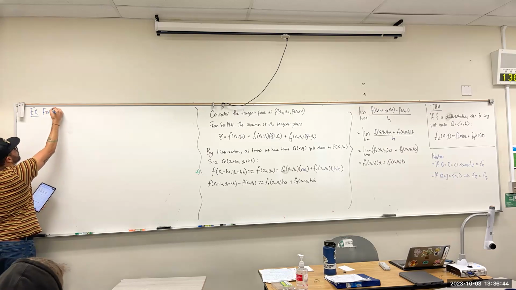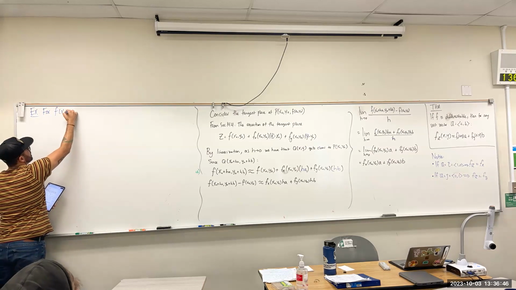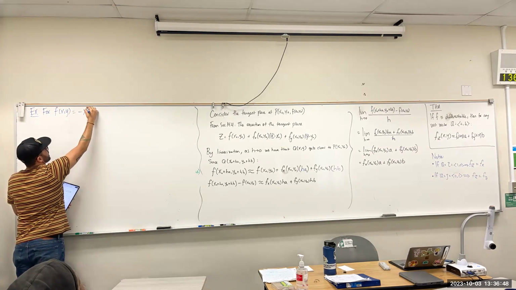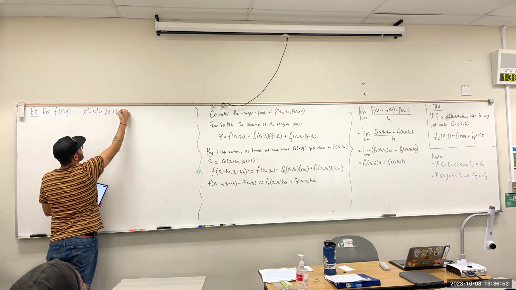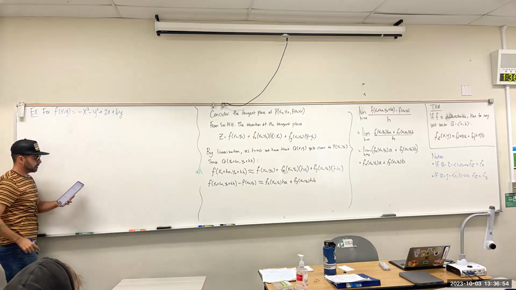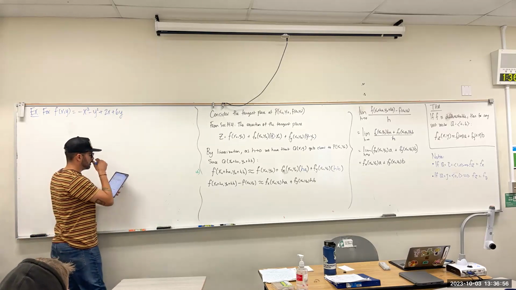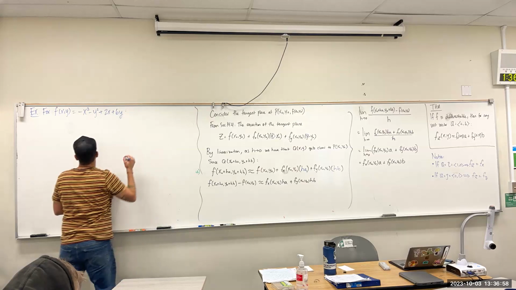So let's get a function. Let's say f of x, y is negative x squared minus y squared plus 2x plus 6y. Big old polynomial. We're going to do two problems.